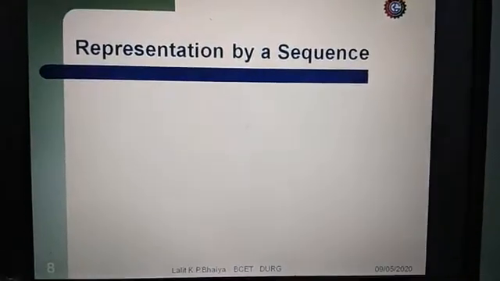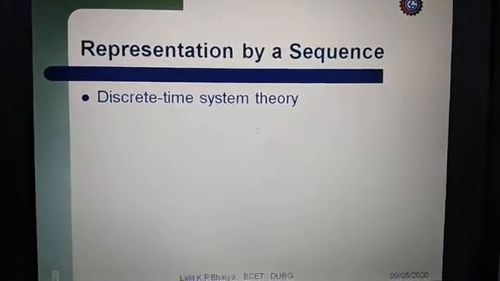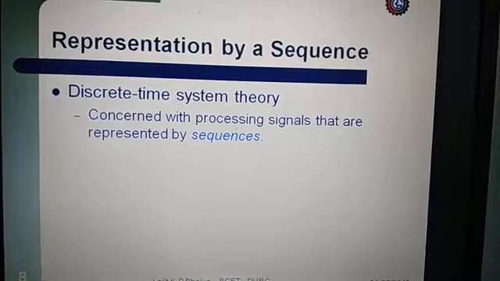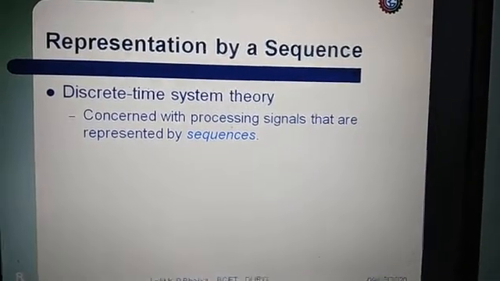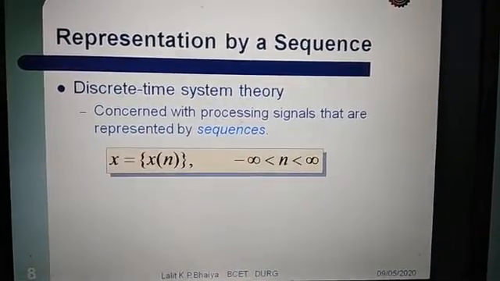Discrete time sequences are represented by x of n. This is the representation of discrete time sequences concerned with processing signals that are represented by sequences.